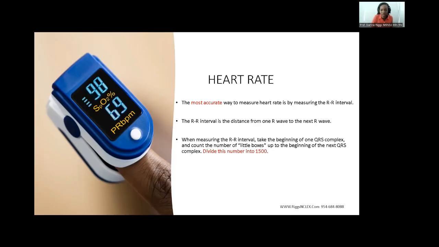So you take the beginning of one QRS, that R from the QRS, and count the number of little boxes up to the next R. And then you're going to divide 1500 by whatever that number is. The 1500 is a formula. It never changes.